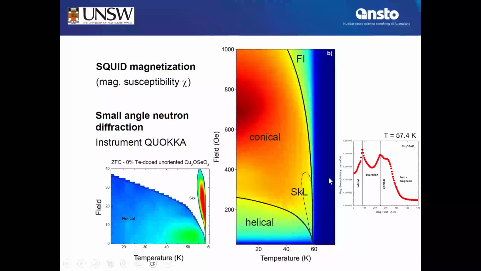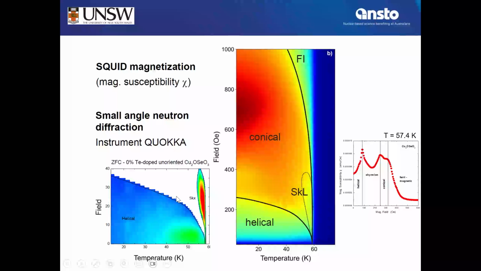Indirect means in the SQUID magnetometer, we see the ferri- or ferromagnetic spin component. And if skyrmions are formed, they remove spins from the ferromagnetic chains. So you see a dip in the magnetization measurement. We don't see the skyrmions directly, we just see a shadow of them.